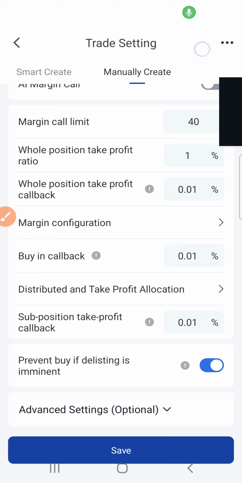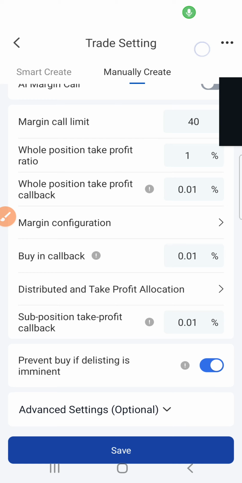Today I want us to look at about three important things. One is these callbacks. I want to explain very well what each callback means.